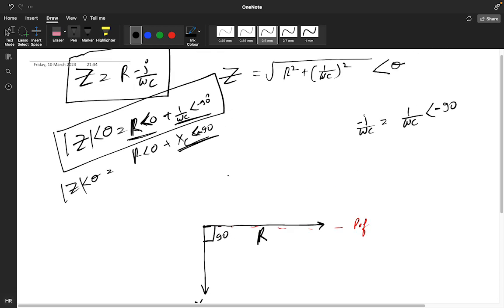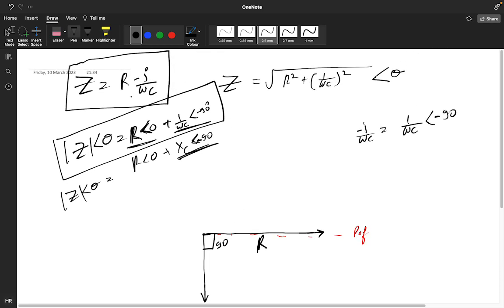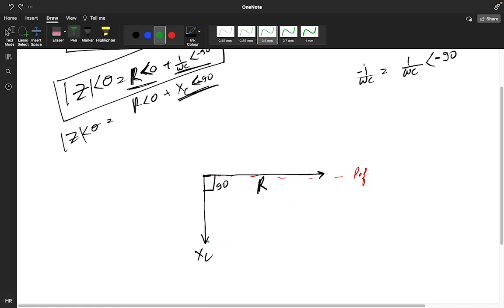And what was the meaning of Z? Z is the combination of R and XC. This is theta. With respect to R, you have to assume theta in this RC network. So, can anyone tell me what is cos theta?